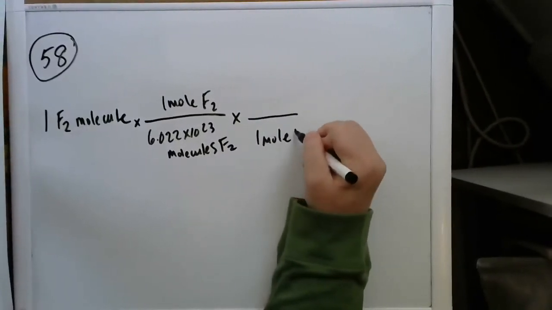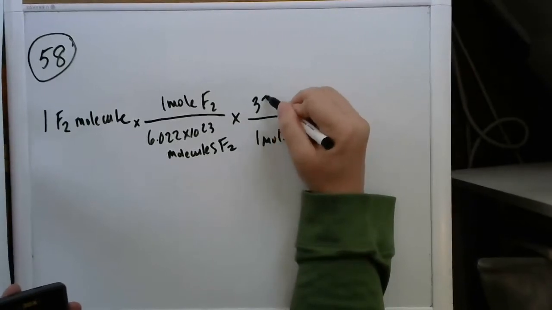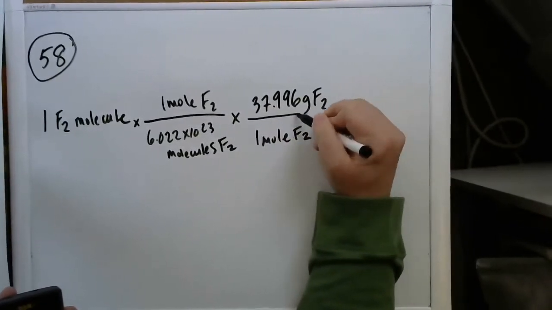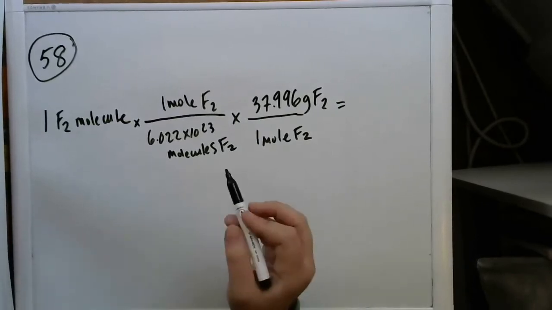And we know that in 1 mole of F2, double check on the exact mass of it, 18.998. Yeah, 37.996 grams. So 38 grams would be fine. My periodic table is just a little more detailed, I think, than other people's.